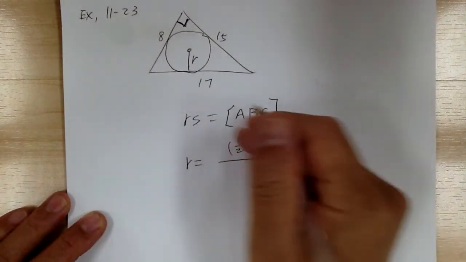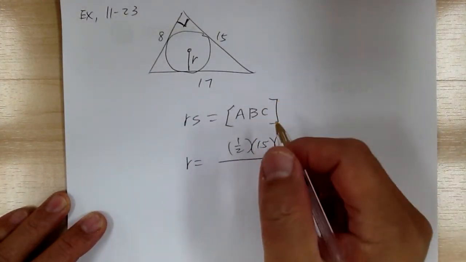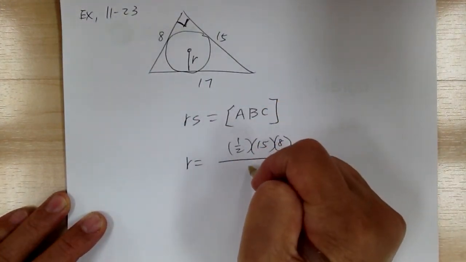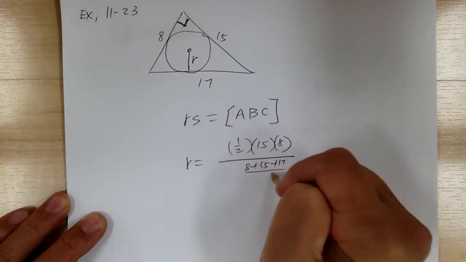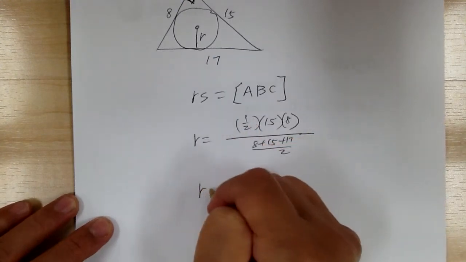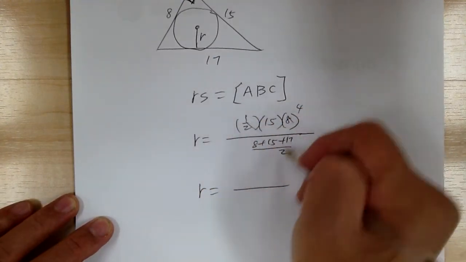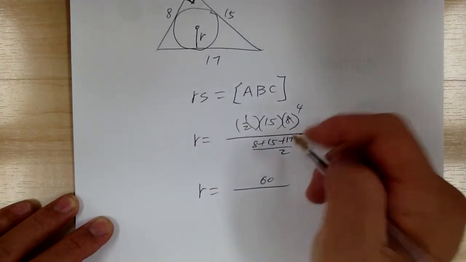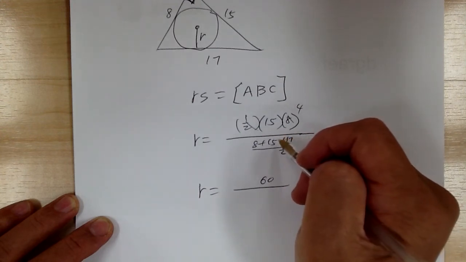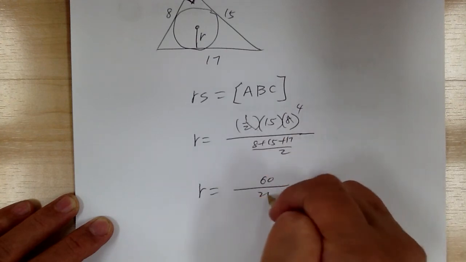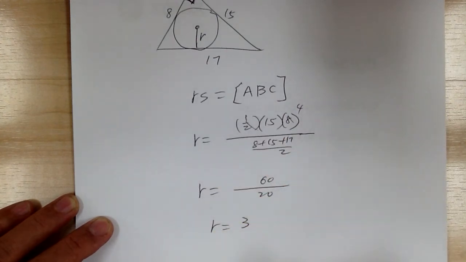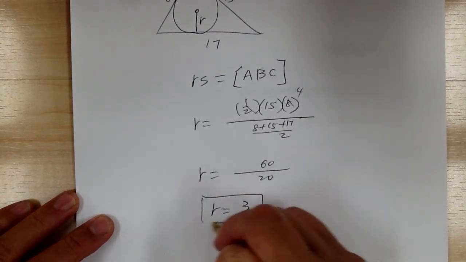And S would be 1/2 the perimeter, so it would be 8 plus 15 plus 17 over 2. So r equal to 60 over 20, so r equal to 3. And that's it.